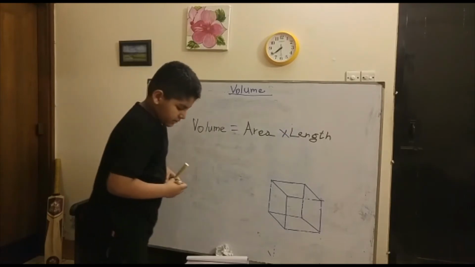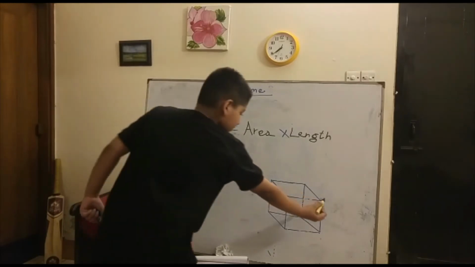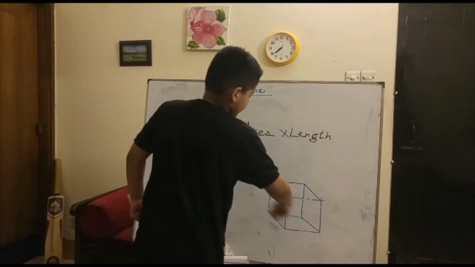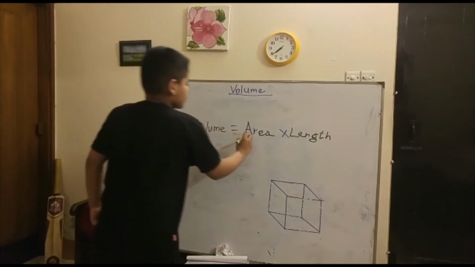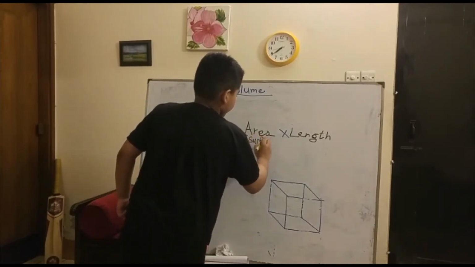The area is the area of one side of the shape, so it would be the surface area.